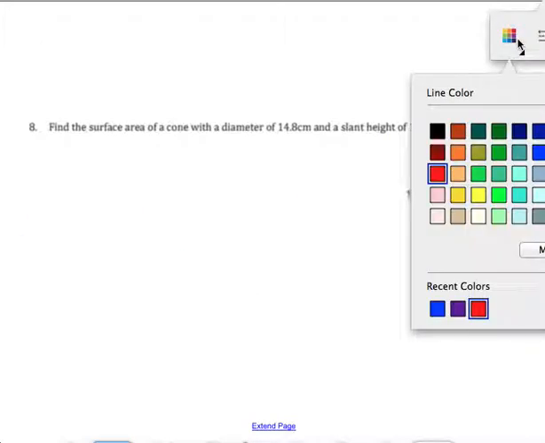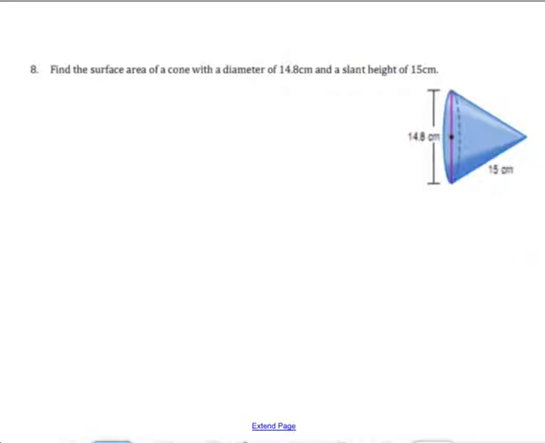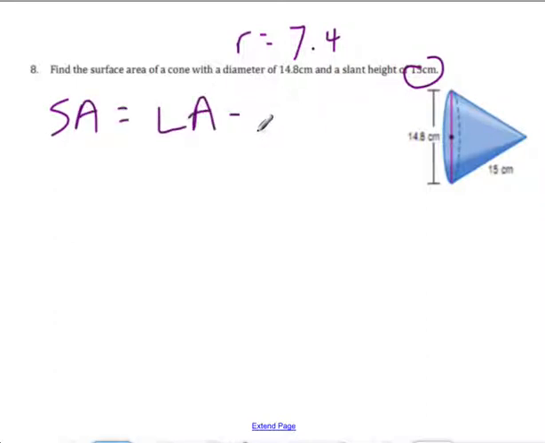All right, let's take a look at number 8. So for number 8, we want to find the surface area of a cone with a diameter of 14.8. So I'm going to go ahead and divide that by 2. That means my radius is 7.4, and it gives me the slant height. So to find the surface area, remember I need to take the lateral area plus the area of the base.